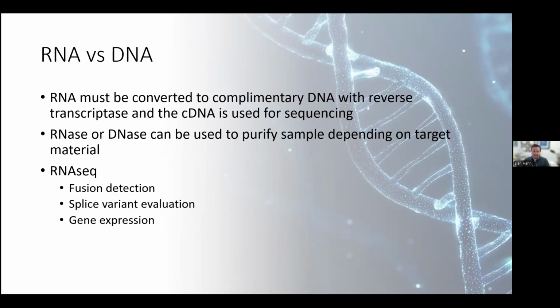Additionally, a lot of these fusion products depend on differential expression, where you're taking gene A in the fusion product that is driving expression of gene B, which is typically not highly expressed.